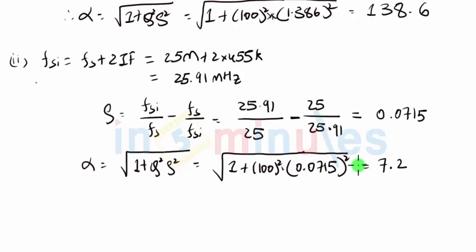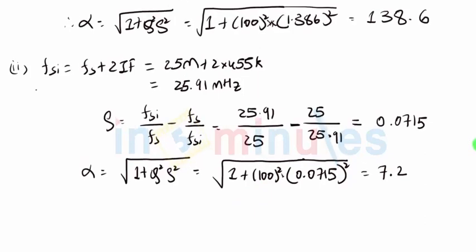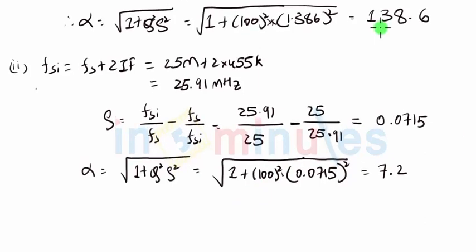So the final conclusion is that for the same given receiver, because we did not change the value of Q, we are using the same quality factor in both calculations. For the same input tuned circuit with a quality factor of 100, when we go from a station frequency of 1 megahertz to 25 megahertz, the value of alpha decreases.